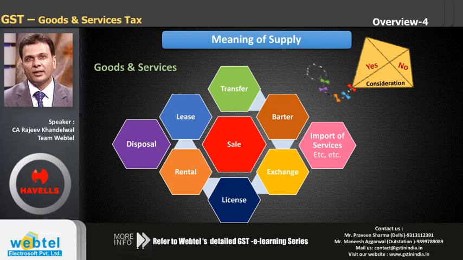In very few cases, like services provided on a personal basis up to a specified amount, they will be exempt. Otherwise, most of the services, irrespective of whether money or money's worth is being transferred to the other person or not, supply will be taxable.